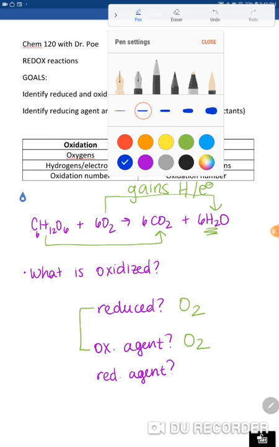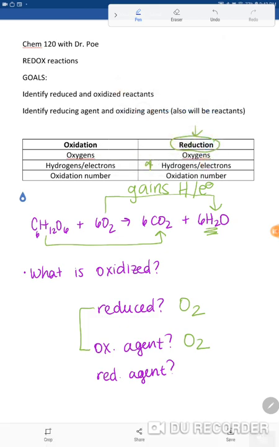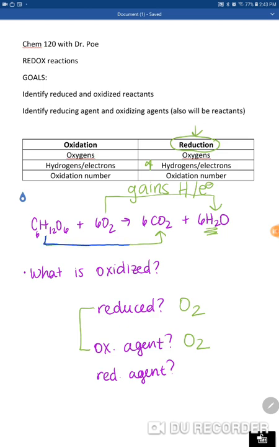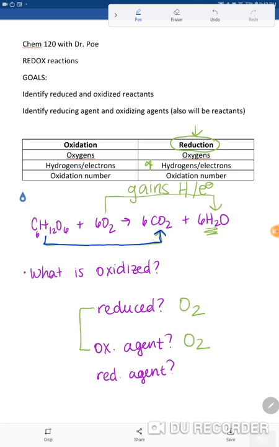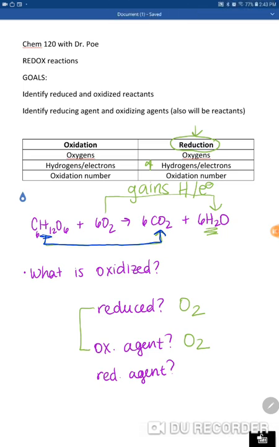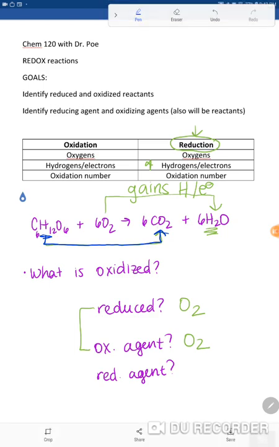Okay, for the next one, let's do C6H12O6 going to 6CO2. This has hydrogens here. It does not have hydrogens here, so it has lost hydrogens.